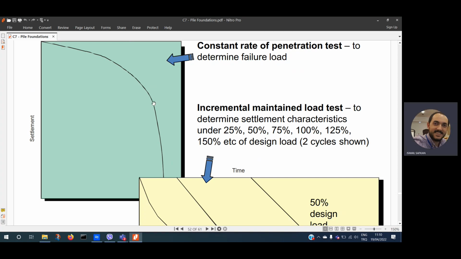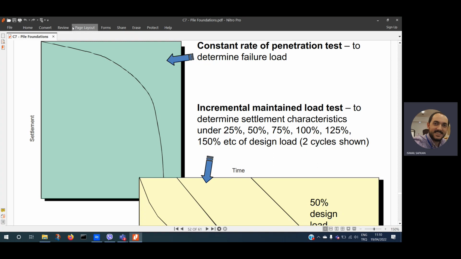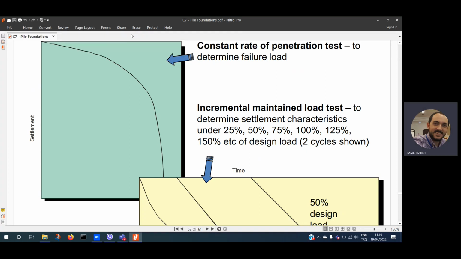What point would you suggest as the strength? What is the strength as a result of that? Is it here? Is it here? I mean this level? Let me mark these so that you can tell me where it is.